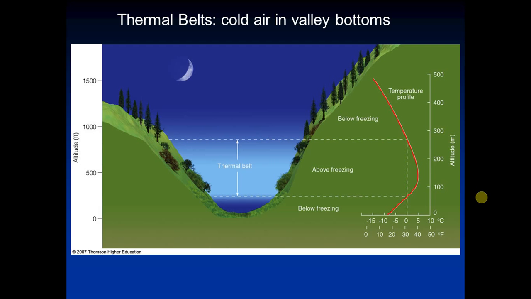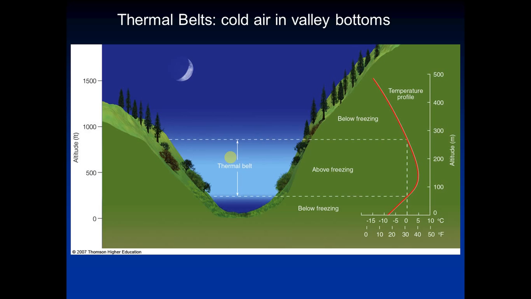In middle latitudes, the warmer hillsides are called thermal belts, and they are less likely to experience freezing temperatures than the valley below. So this encourages farmers to plant on the hillsides certain vegetation that are more sensitive to the cold temperatures, such as certain types of trees that are unable to survive the low temperatures at the bottom of the valley.